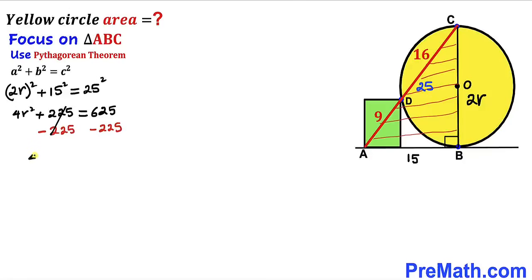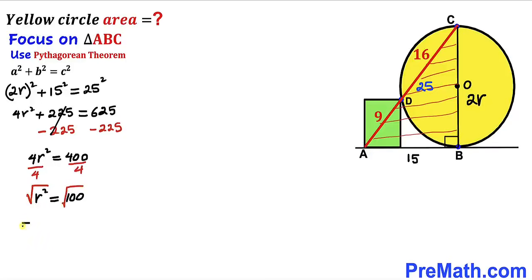So we get 4r squared equals 400. Now we divide both sides by 4, and we see our r squared value turns out to be 100. Now I'm going to undo the square by taking the square root on both sides.